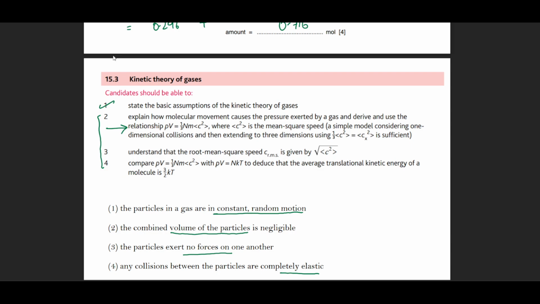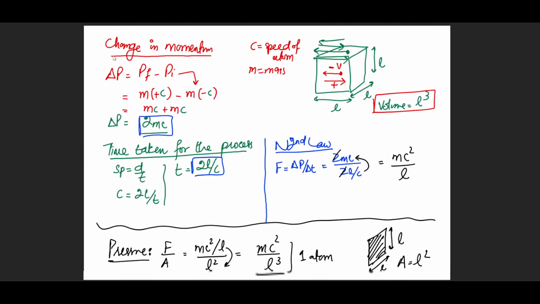So we have done point number 2 as well, and we understand that the RMS speed will be taken as the square root, right? So we understand point number 3 as well. Now we're going to move to point number 4, in which he wants us to actually combine these two equations and see what comes out, right? Okay.